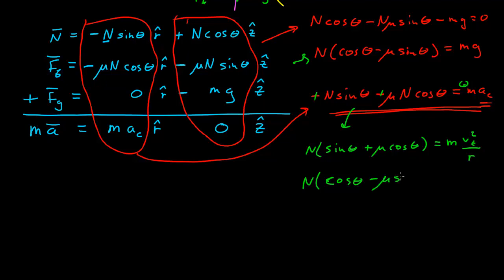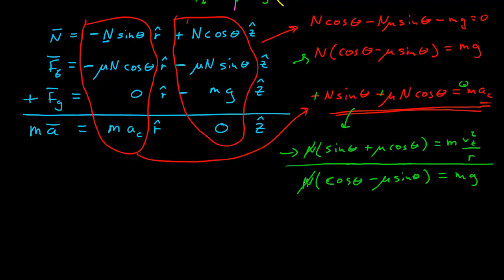I'm simply going to divide these equations. I could solve this one for n and substitute it in there, but that seems really cumbersome. I can just divide these two equations.